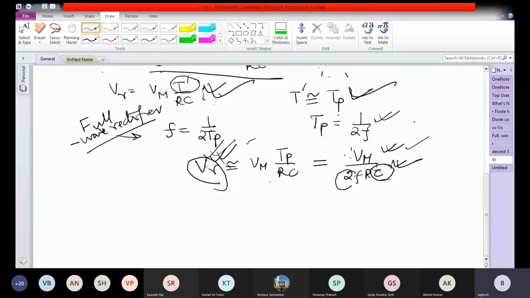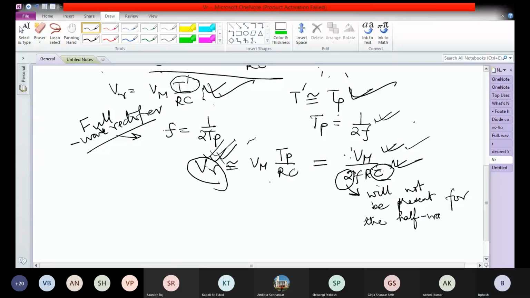This factor of 2 will not be present for the half wave rectifier.